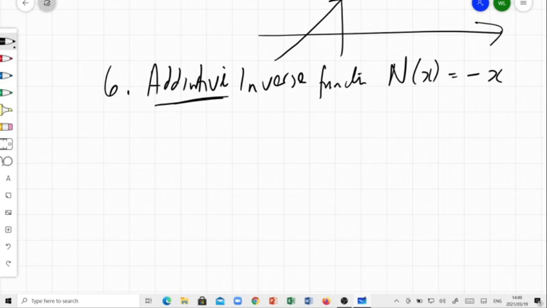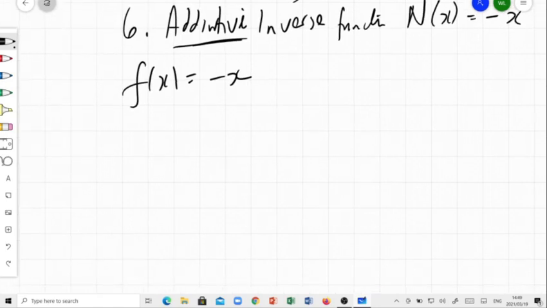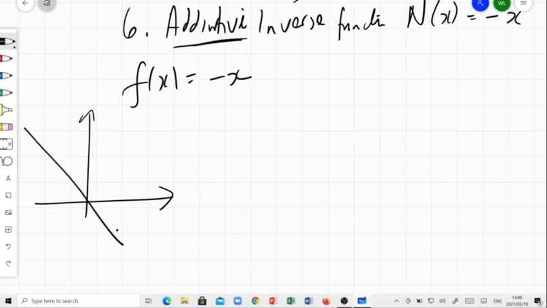So in this particular case, it's nothing but the function f of x equals negative x. And you all know how the graph of this looks like. It's just a 45 degree line slanting to the left side, okay? So this is y equals negative x. So this is called the additive inverse function.